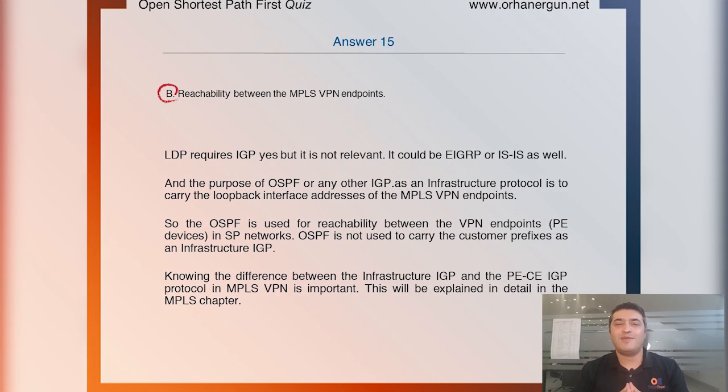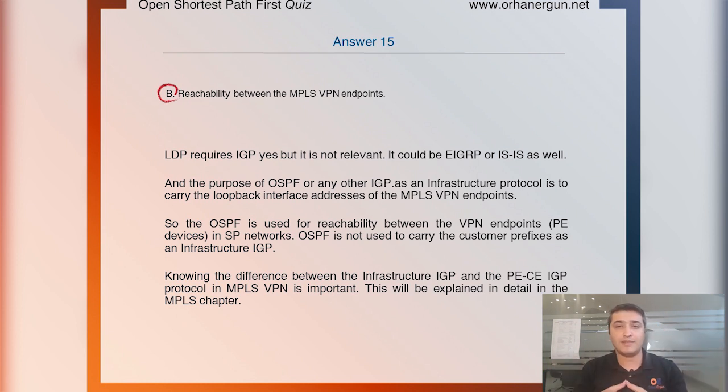Reachability between the MPLS VPN endpoints. Yes, these endpoints in MPLS VPN we call PE routers, okay? The P router in the middle has another functionality, and we will talk about it in MPLS, but for endpoint reachability, PE routers need to reach each other. On top of that, when they reach each other, we can have a BGP session and different services like layer 2 VPN with Martini.